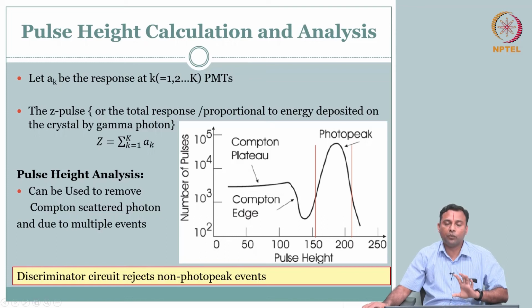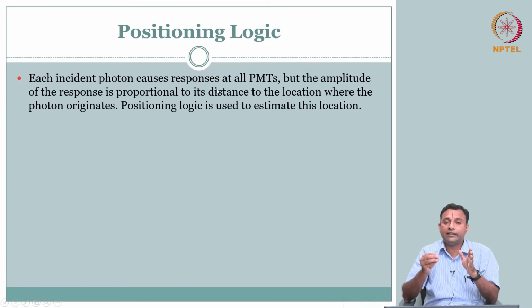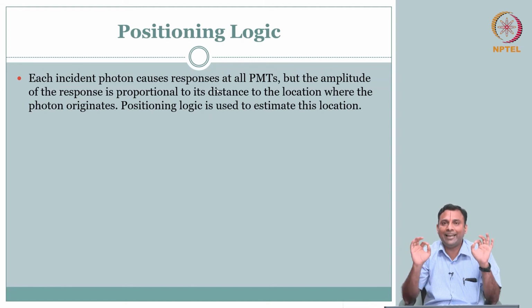How can it be used further? What is the next step? If I believe the scintillation is not corrupted by Compton scattering, so it's not some scattered signal for which I cannot tell the origin, then if Z analysis tells us that, so if you collect your Z, only those events whose Z pulse falls within the threshold is a valid event.